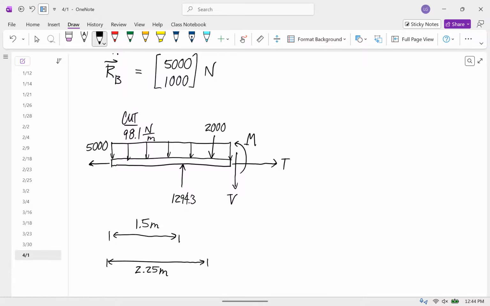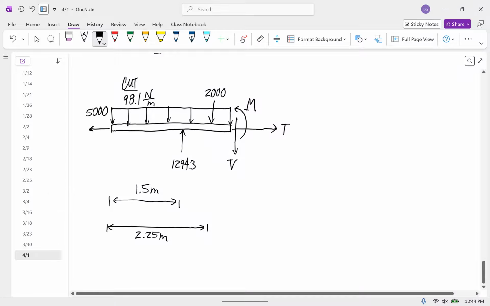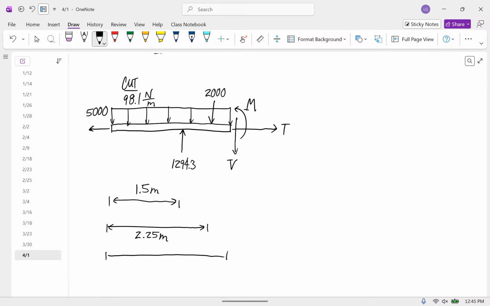And then to the end is 2.25 plus 0.375. So this is 2.625.